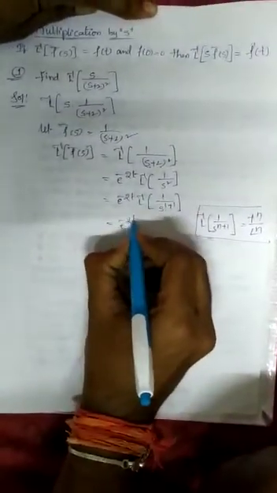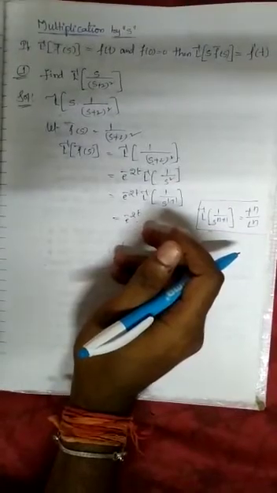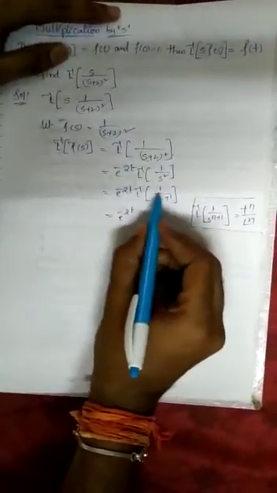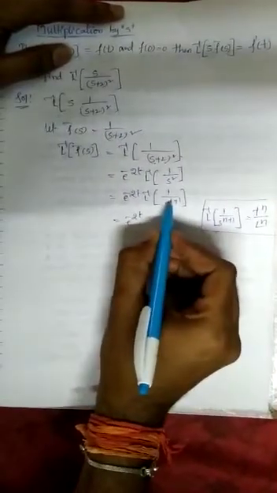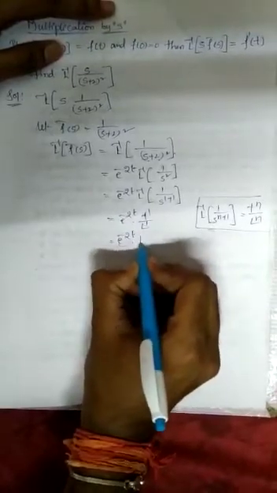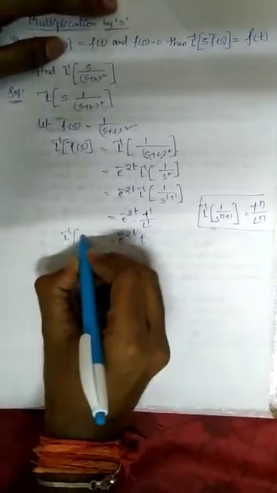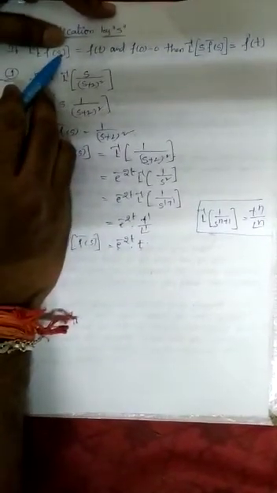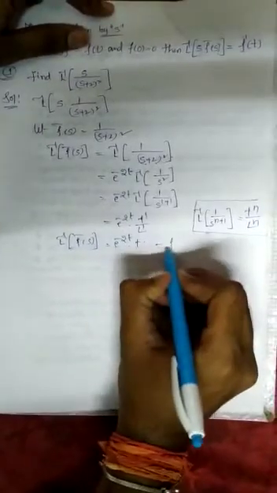E power of minus 2t into, by using the formula, in place of n we have 1, so you will get t to the power of 1 by 1 factorial, that is e power of minus 2t into t. That is the Laplace inverse of f bar of s. We have to consider it as f of t.